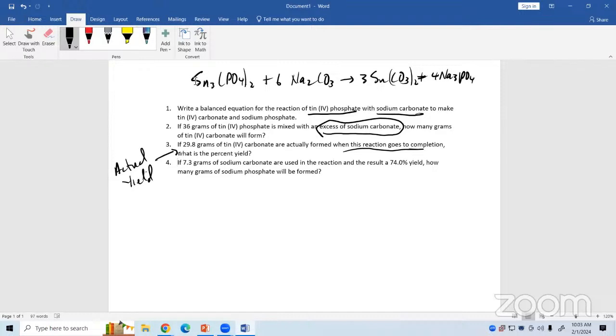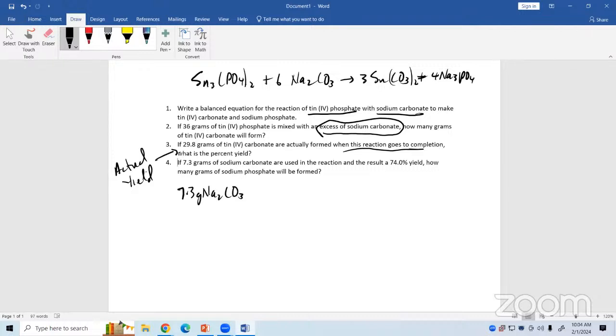So the question says if 7.3 grams of the sodium carbonate, Na2CO3, was used in the reaction, and the result is a 74.0% yield, how many grams of sodium phosphate would be formed, right?